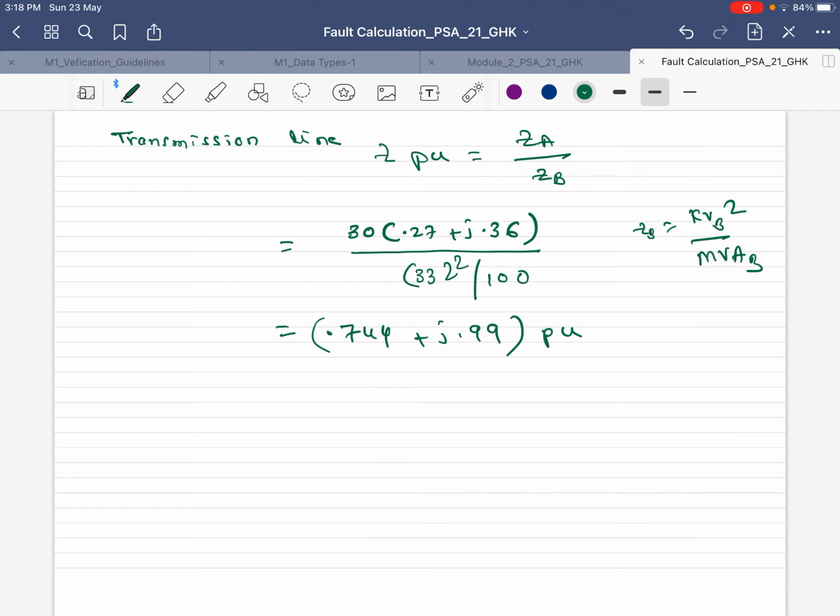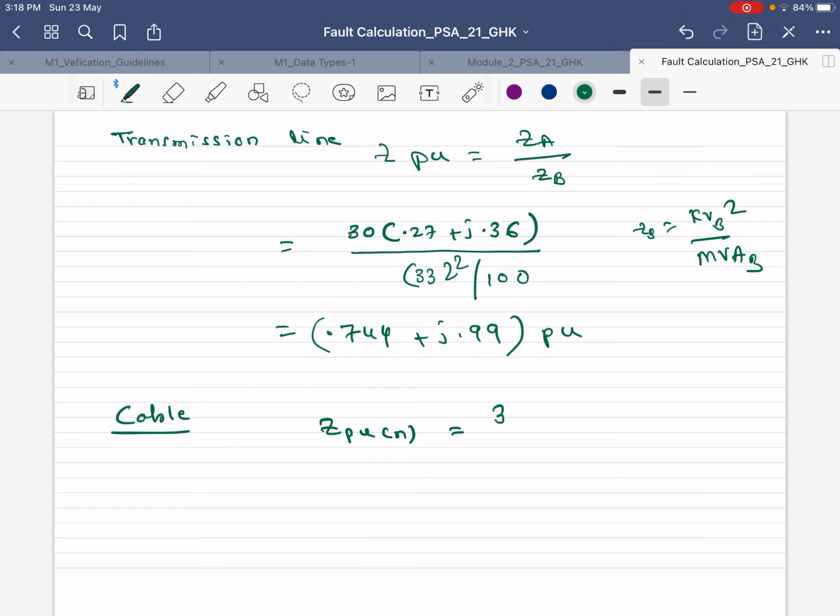Then the cable or feeder, the last element, has 3 kilometers in length. Once again, Z per unit new for that cable is actual by base.